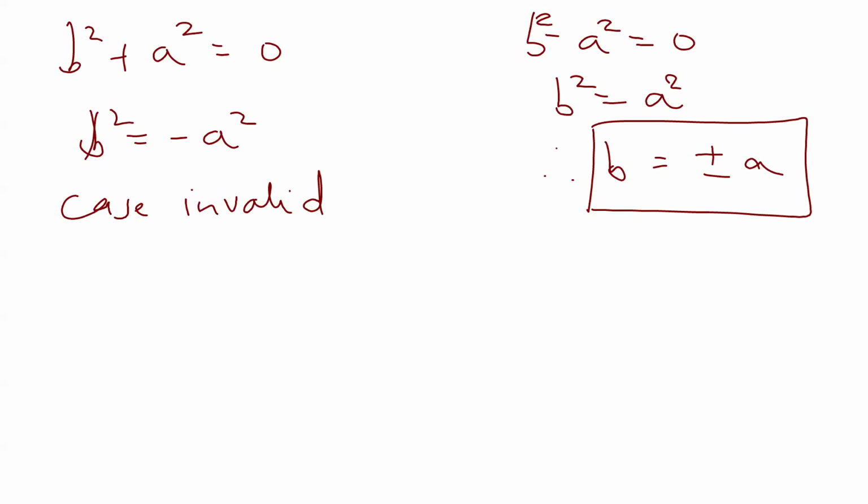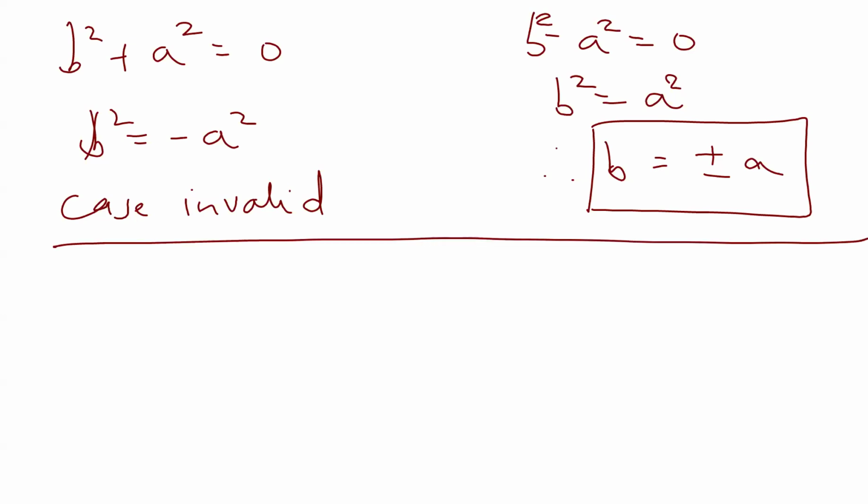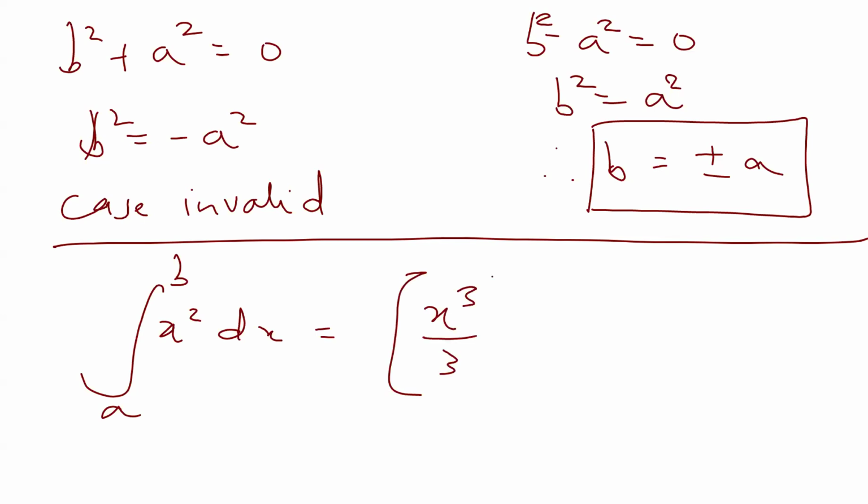Now next integral. Next integral is from b to a of x square dx. So integrate this, x cube by 3 from b to a, and this value is equal to 2 by 3.